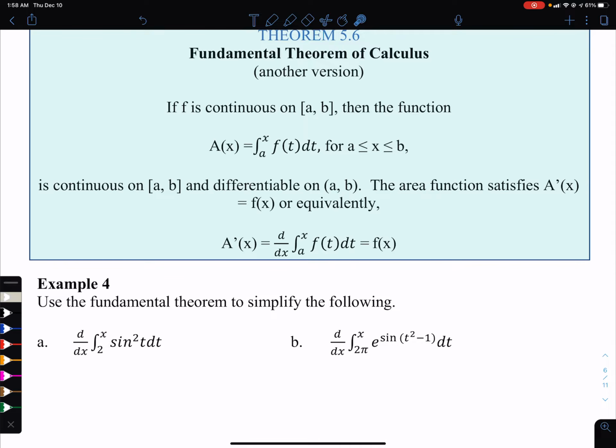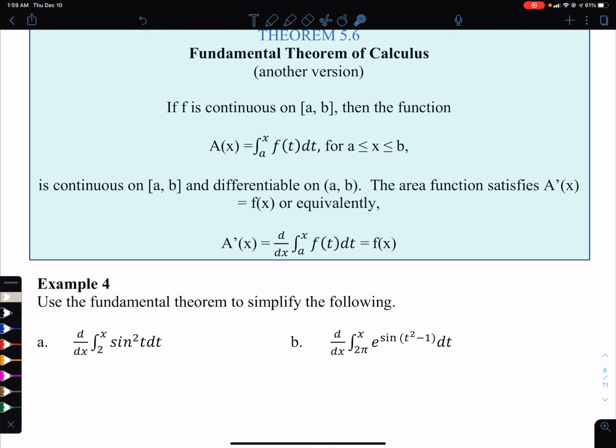The derivative and the integral are inverse functions. So if you're taking the integral and then you take the derivative of that, they're going to kind of cancel each other out, kind of, sort of. But it only works if this is any constant and that x matches your variable. So you're taking the derivative with respect to x. That's got to be an x. You just plug x in there and you're done.